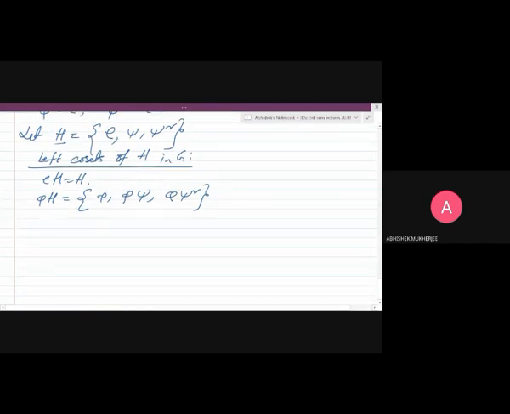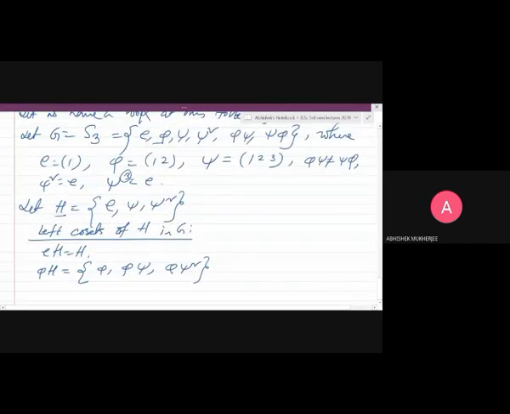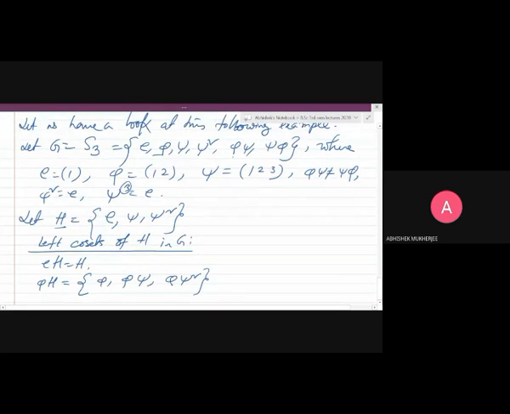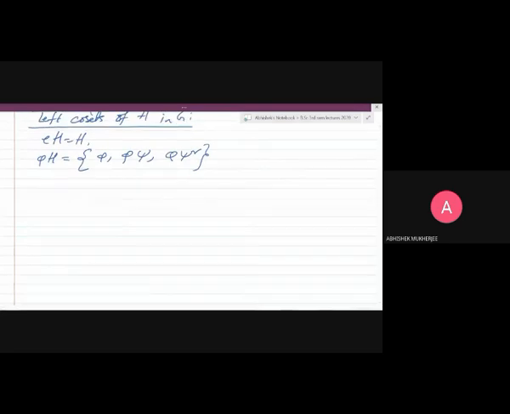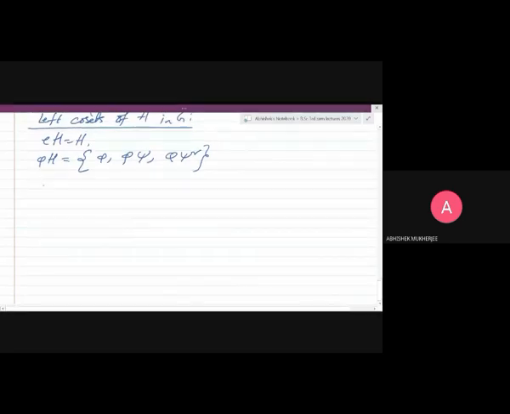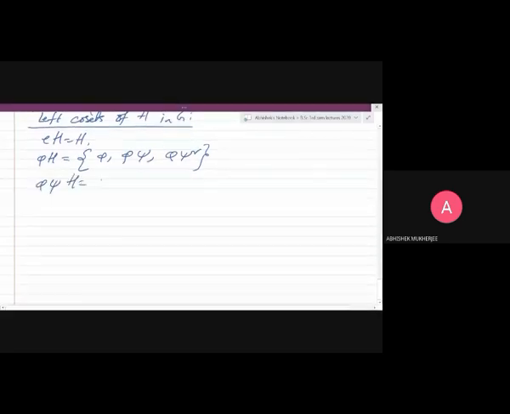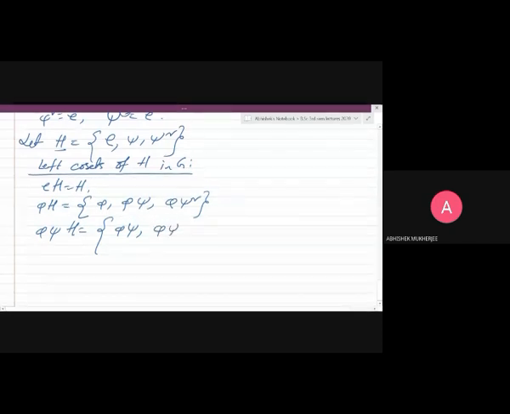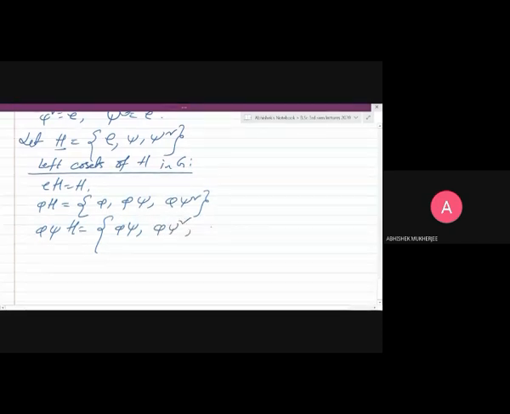Fine. Then you take phi and psi, which are outside H. So phi psi H, what are those? That means phi psi, phi psi square, and phi psi cube, right?